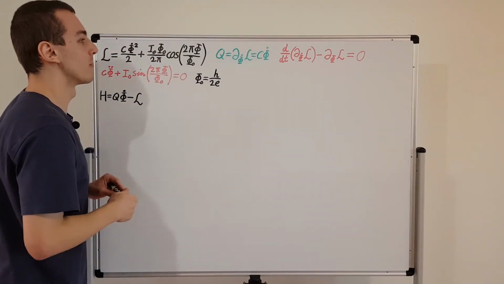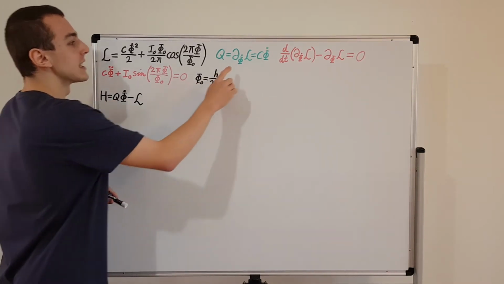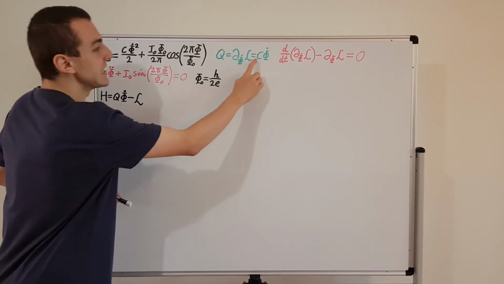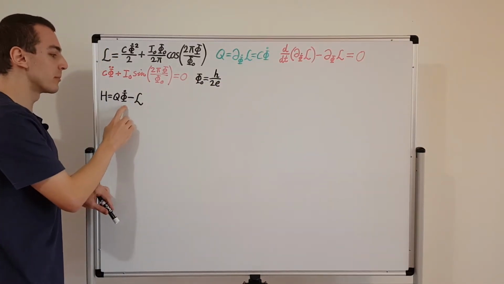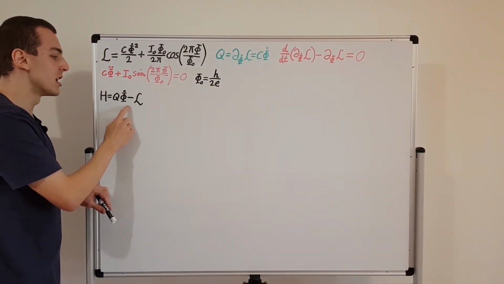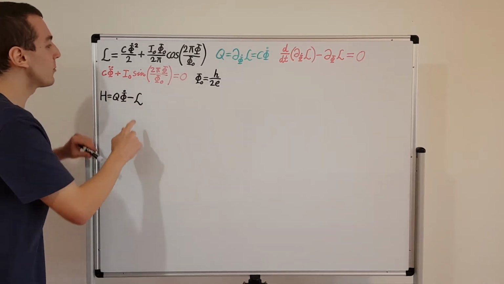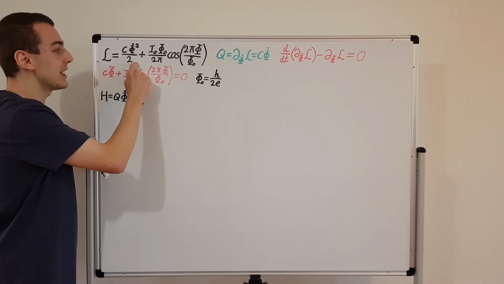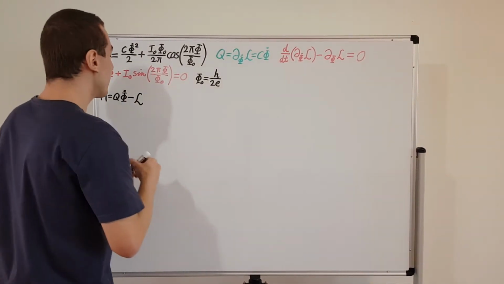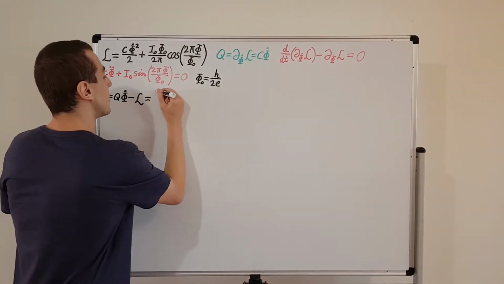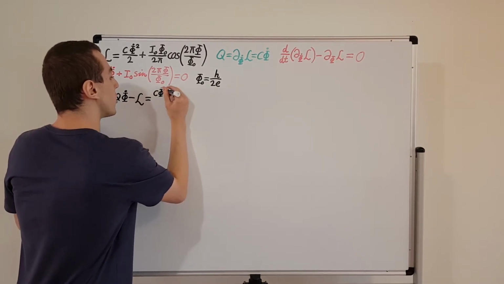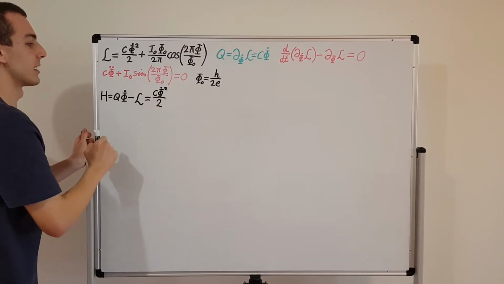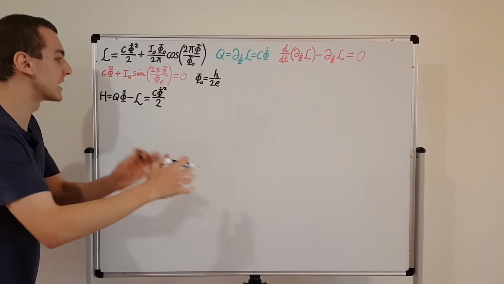It's very simple algebra. So what we can do is we can substitute this q inside over here. So that's going to give us c phi dot squared, because we have 2 factors of phi dot. So we have c phi dot squared, and then we're going to subtract off c phi dot squared over 2. So that's a whole minus a half. That's just going to give us a half. So we're going to have c phi dot squared over 2. And that has a plus sign, because we have plus a whole minus a half.